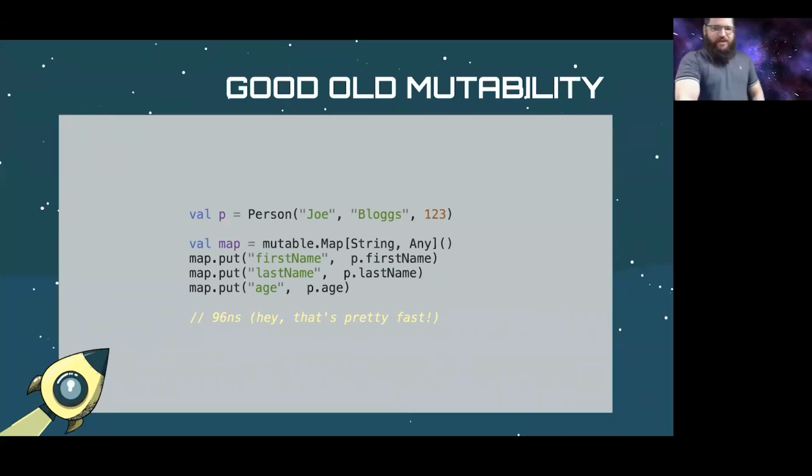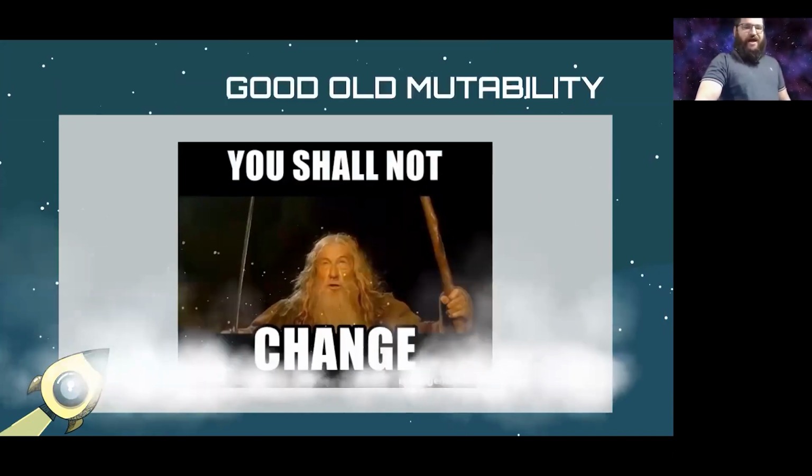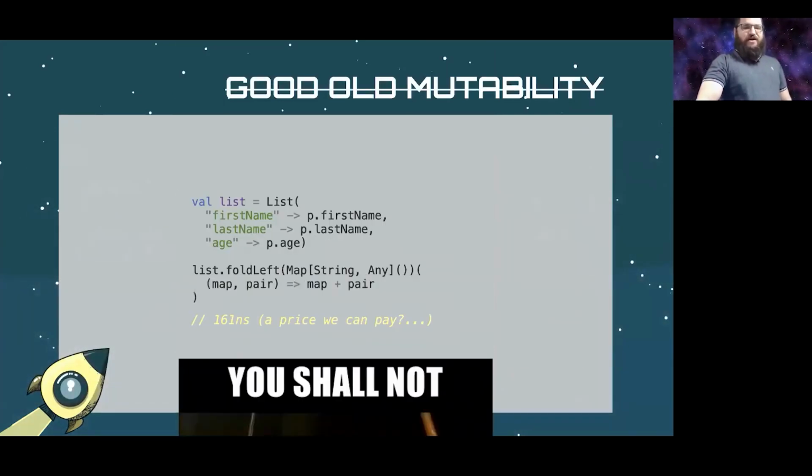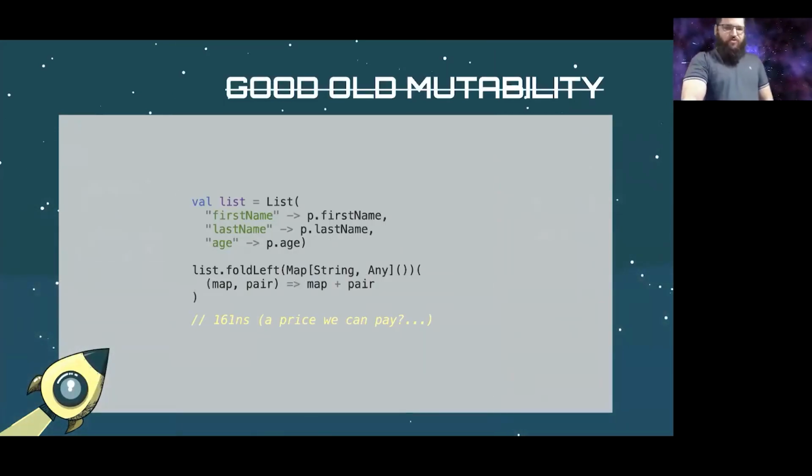Doing inserts in this thing is pretty darn fast. Now, we really don't like that. So, let's look at the immutable version of that. And guess what? That's almost twice as slow. So that's a reality that we have to deal with for immutable data structures.